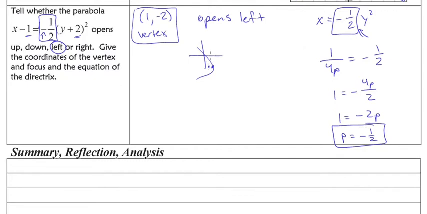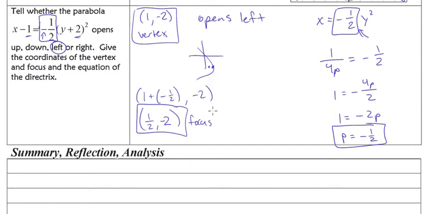So we're going to have 1 plus -1/2, comma -2. We're going from the vertex left 1/2 space, which is going to be (1/2, -2). There's our focus.